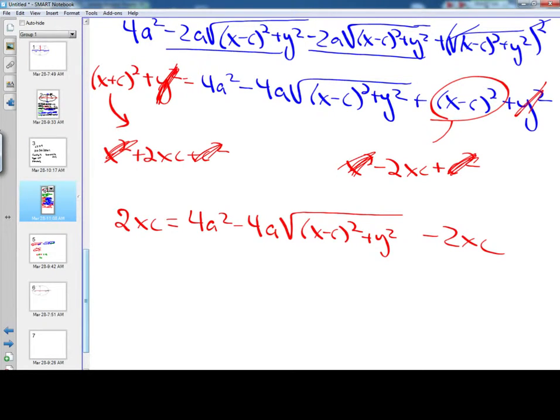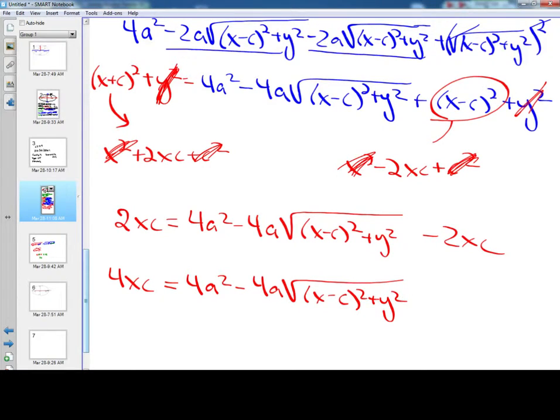Now that's nice because I've got a negative 2xc on that side. I can use my addition property of equality and add it to both sides, which would actually give me 4xc is equal to 4a squared minus 4a square root of x minus c squared plus y squared, because I took this to this side.